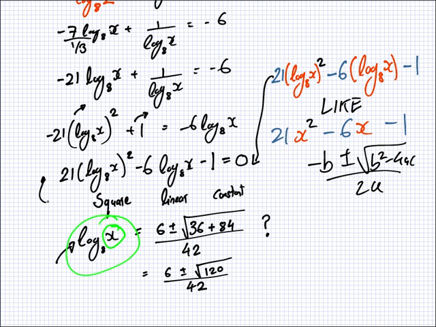Is it from this line to this line, or this one to this one? No, first this is 1 to 2. I took these two guys to the right. So plus 1 becomes minus 1, minus 21 becomes 21. And the minus 6 is already there, so it's minus 6.